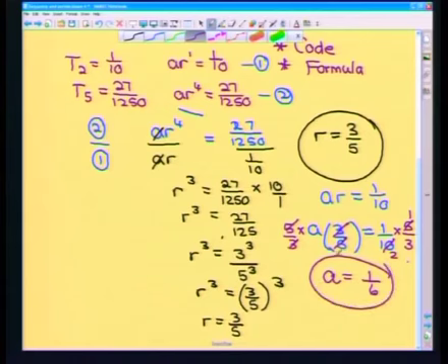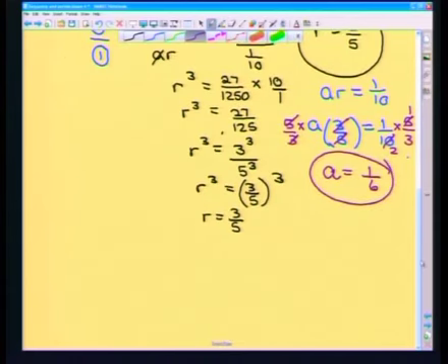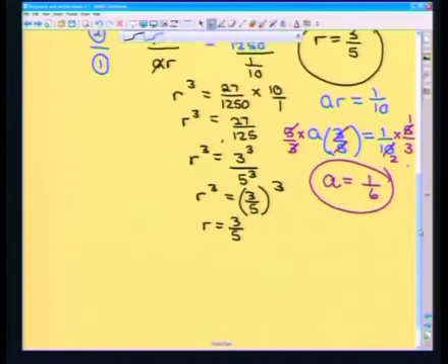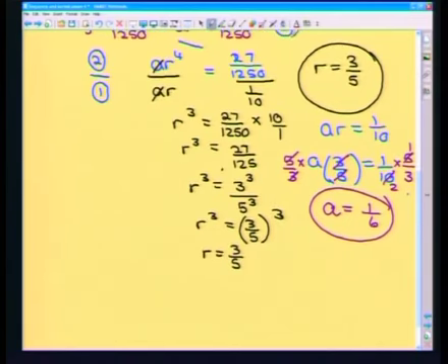What would have happened if the question had asked me to find the first 3 terms of the sequence? Well, that wouldn't have been too bad. What do we know? We know the first term is just a. We actually knew the next one, but if we were going to work it out, we would take 1/6 times 3/5. And if we do that, that goes once, that goes twice. It's going to give me 1/10. So I put down 1/10.